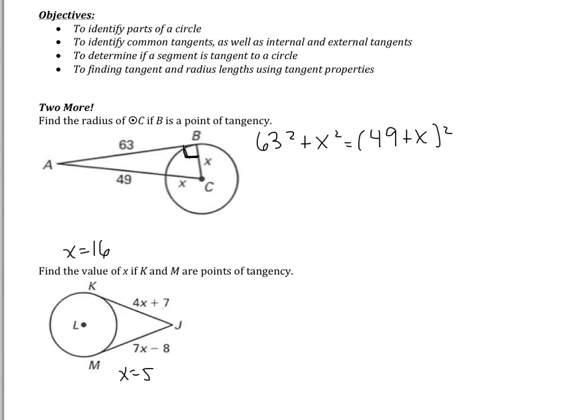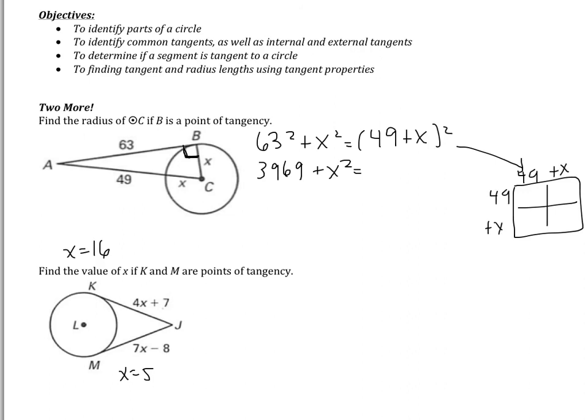Now we need to simplify this. I get 3,969 plus x squared equals. Here is where I personally make the box. 49 multiplied by 49 is 2,401. Then I get 49x, and x squared.